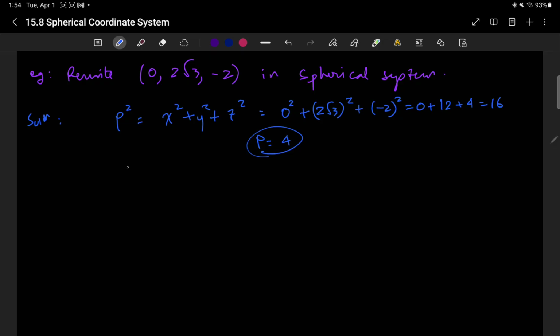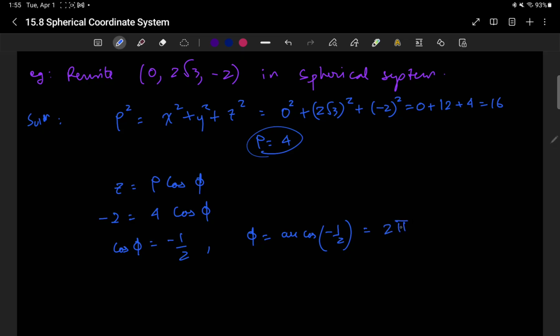Okay, now we can use z is rho cosine phi, because we have z, which is negative 2, and rho, to solve for cosine phi. So cosine phi is negative 1/2. Phi is arc cosine negative 1/2, but not infinite values because the sphere is limited. It's not infinite like the cylinder, and the rotation is between 0 and pi. So we get 2 pi over 3.